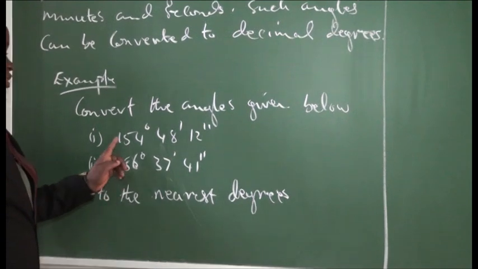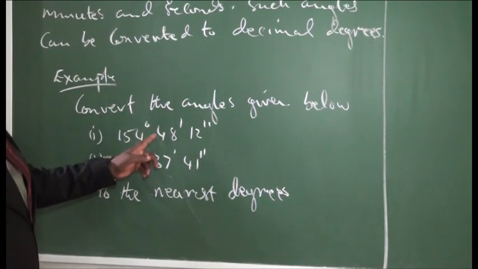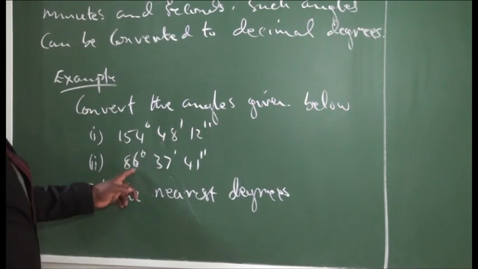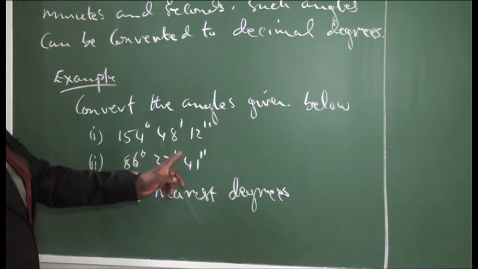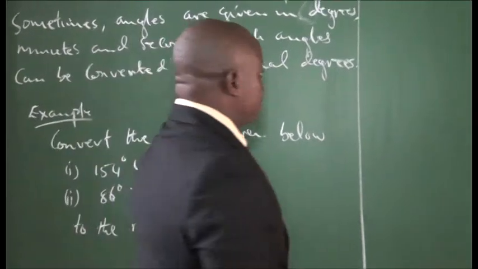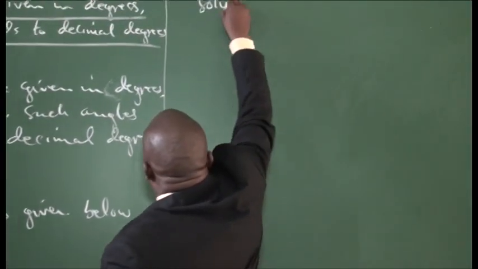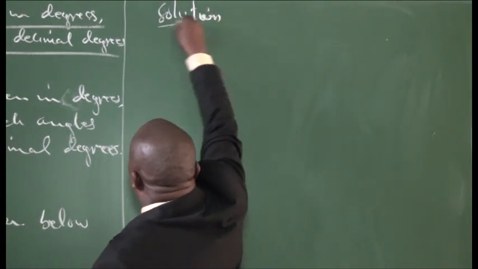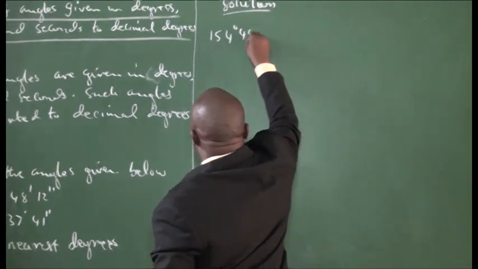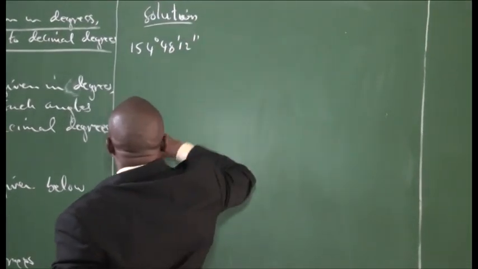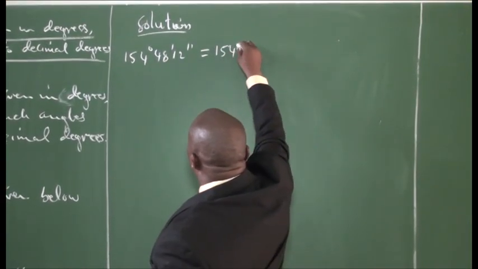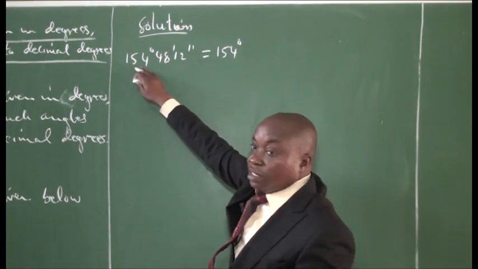Number one angle is 154 degrees, 48 minutes, 12 seconds. Number two is 86 degrees, 37 minutes, 41 seconds, to the nearest degree. So this is how we can go. We have 154 degrees, 48 minutes, 12 seconds. To convert it to degrees, we have 154 degrees. No, already this is in degrees.